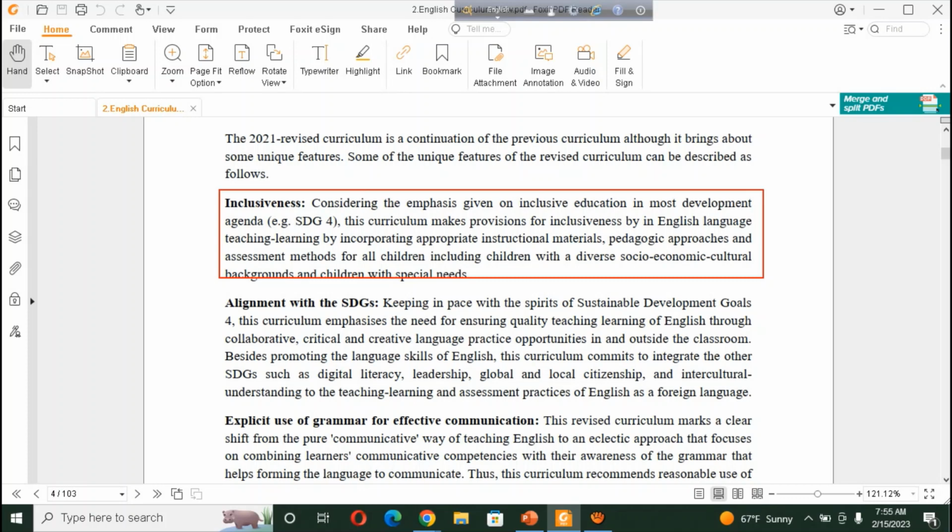This curriculum makes provisions of inclusiveness by using English language teaching and learning, incorporating appropriate instructional materials, pedagogical approaches, and assessment methods for all children, including children with diverse socio-economic and cultural backgrounds and with special needs. Those students have some problems, they are also called special children, and we also focus on that kind of children.